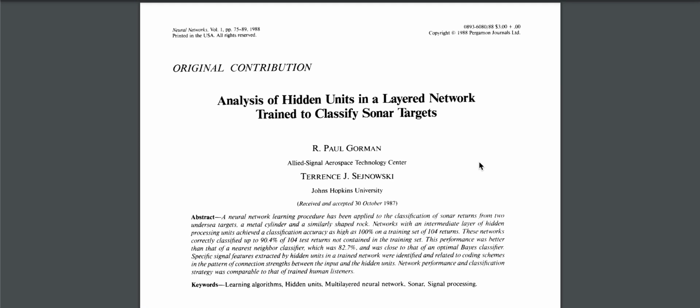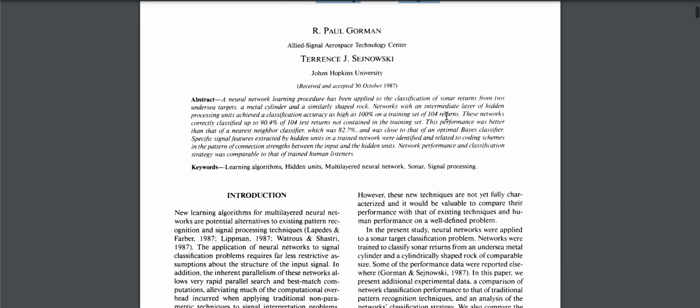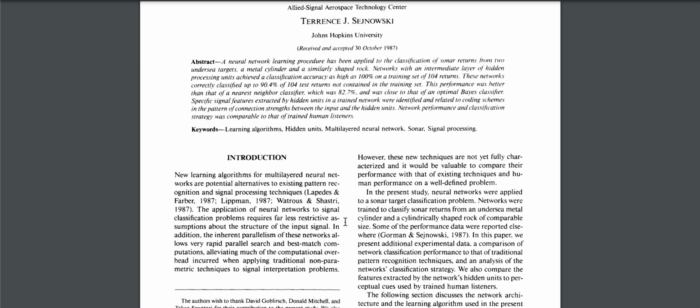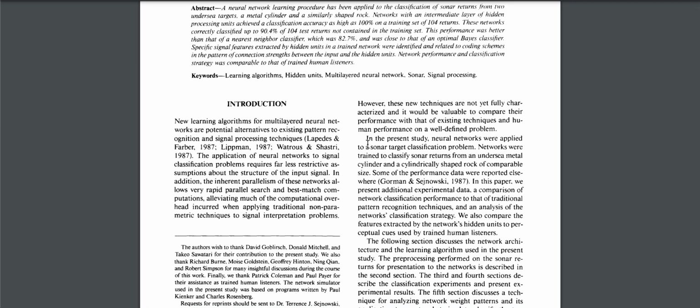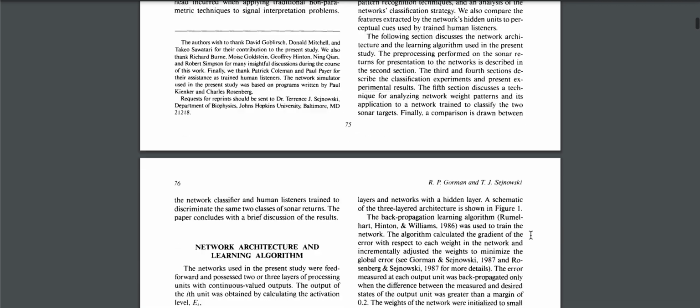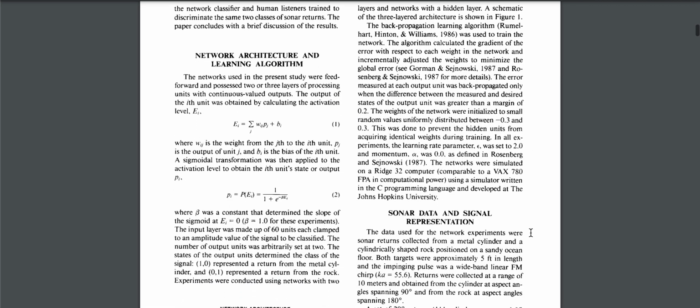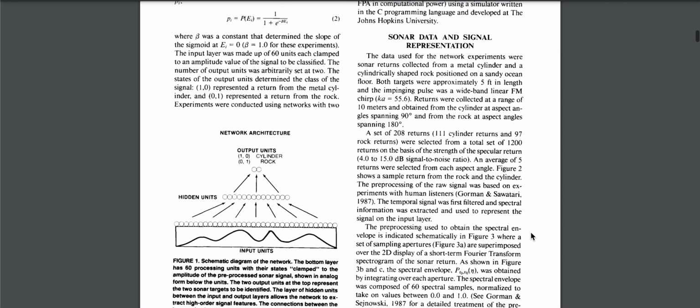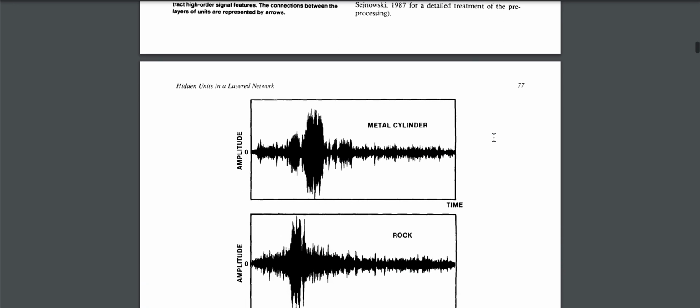If you're interested in the original paper that used this data, just Google the name and it will come up. It gives you in the introduction the context of the data. It's a good example of how to talk about data and how the signal is being represented.